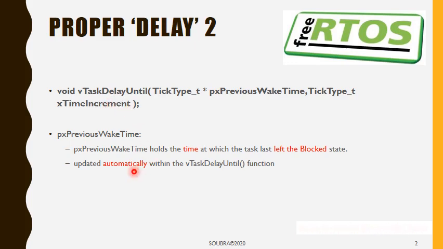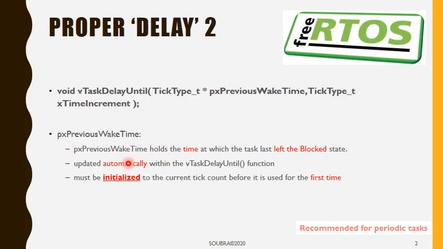However, you should know that this timestamp is automatically updated, so it's not up to you. It's the real-time operating system's responsibility to take care of the automatic update of that particular timestamp.